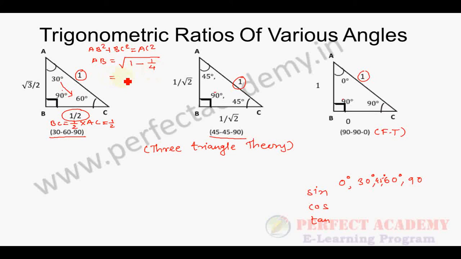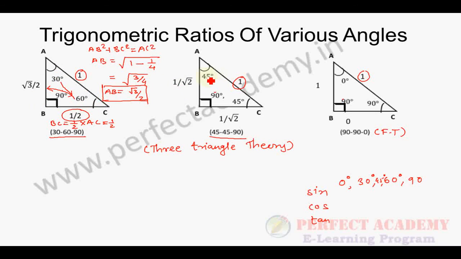So it should be root of 3 by 4, or it can be written as root 3 by 2. Hence the side opposite to 30 degree is 1 by 2, whereas the side opposite to 60 degree will be root 3 by 2. AB is equal to root 3 by 2. As it is a side of a triangle, I will not take the negative root. So I came to know about all the sides here.